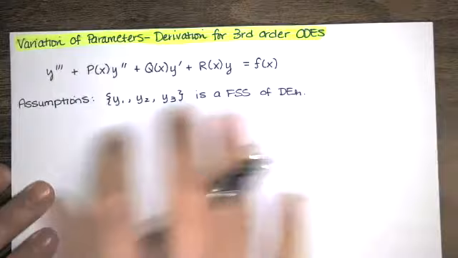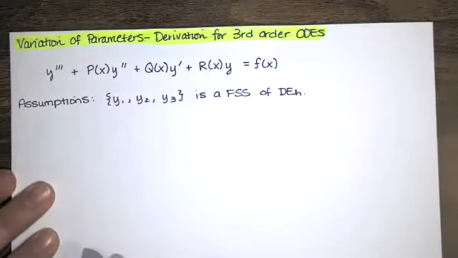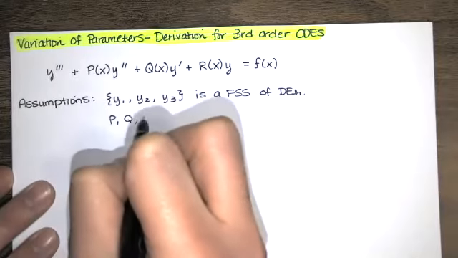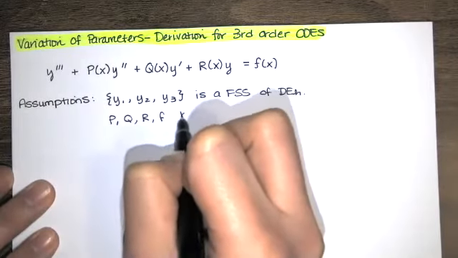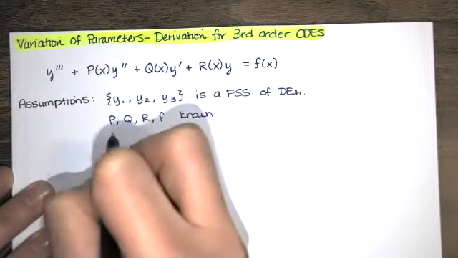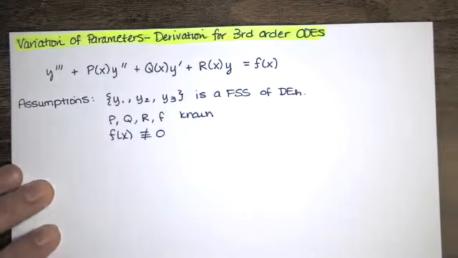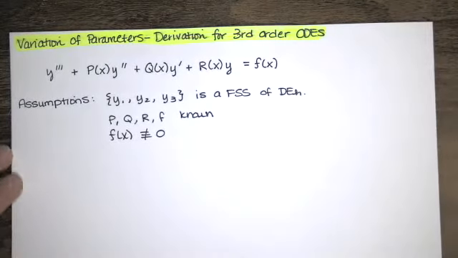The corresponding homogeneous equation looks just like this, where the right-hand side is equal to 0. And of course, these functions p, q, r, and f are known. And f is not the 0 function. It's not equal to 0 all the time. So this is a non-homogeneous differential equation.